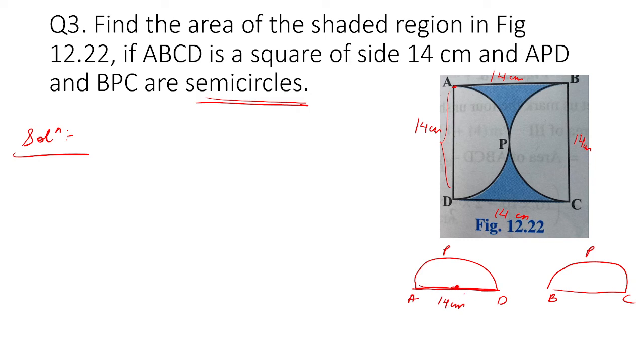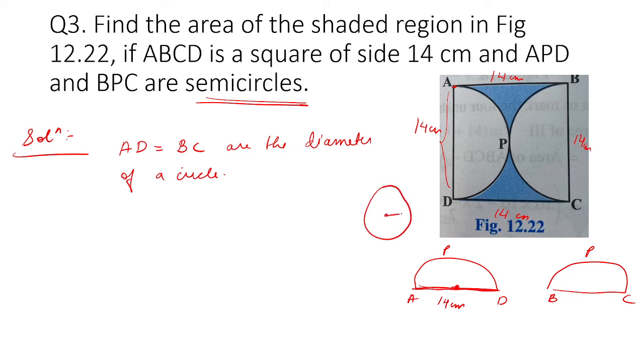AD and BC are the diameter of a semicircle, or the diameter of a circle. Clear? In the circle, this is the radius. But if you draw a straight line like this, it becomes the diameter.